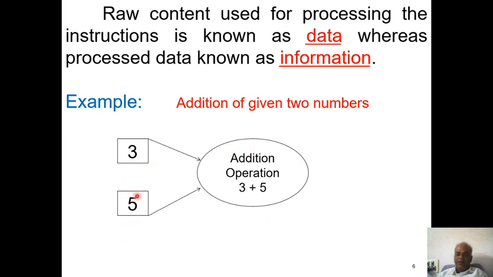You give data through the input device, and the computer system processes it according to the user's instruction and produces the result 8 on the output device. So here 8 is nothing but information. These 3 and 5 are known as the data. So a computer is an electronic device. It accepts the data through the input devices, processes it, and produces the output.